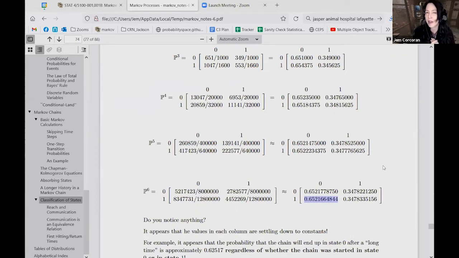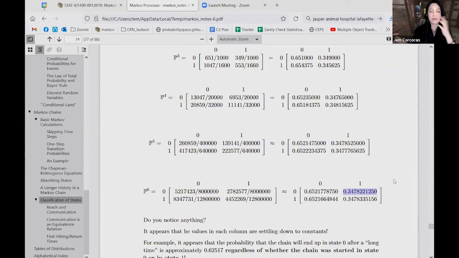And it doesn't matter where you started. So if the Markov chain runs long enough, it can forget where it started completely. And again, if you imagine running this for an infinite amount of time, no matter where you start, in the end, you'll find yourself at state 0 with approximately 0.6522 probability, and at state 1 with the rest of the probability.